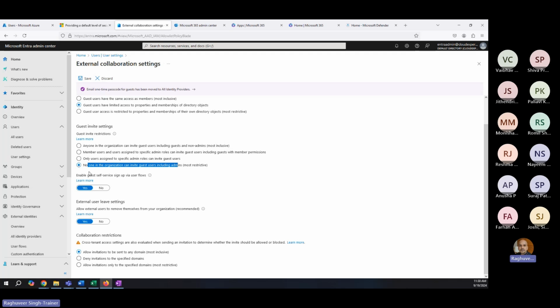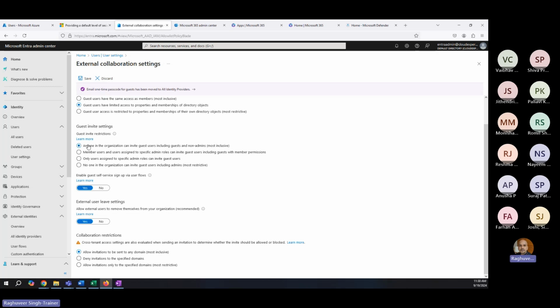So for some of the customers that I work with, they have a strict no policy for guest users. So they have this radio button checked. Some of the customers have this radio button checked because they only give this capability to admin users. And some customers have this button also checked, which is anyone can invite anyone, which is the most, I would say, inclusive environment. But this is a risk to security.